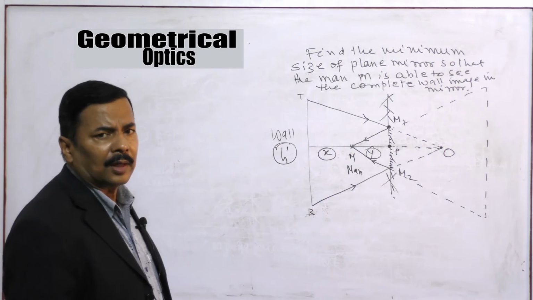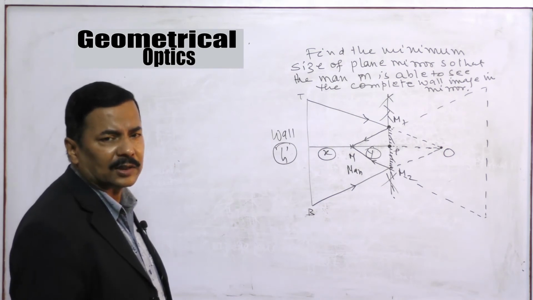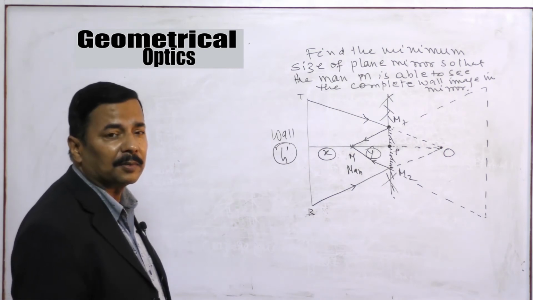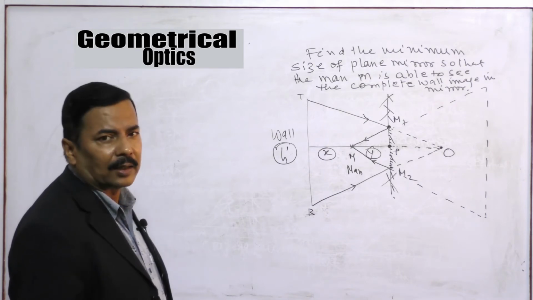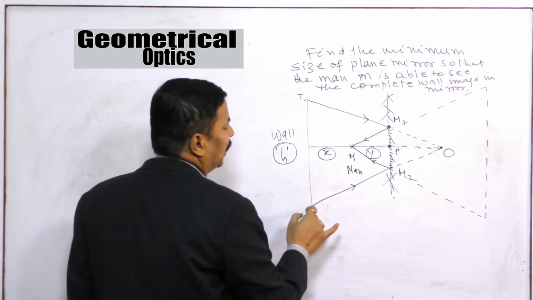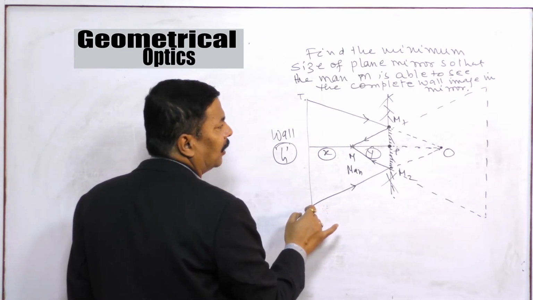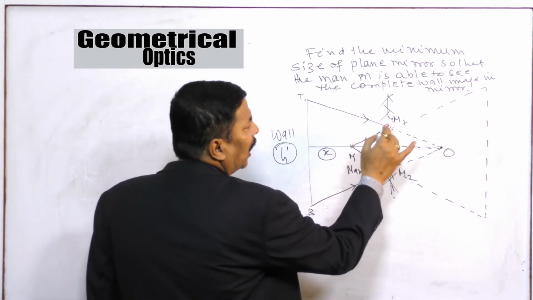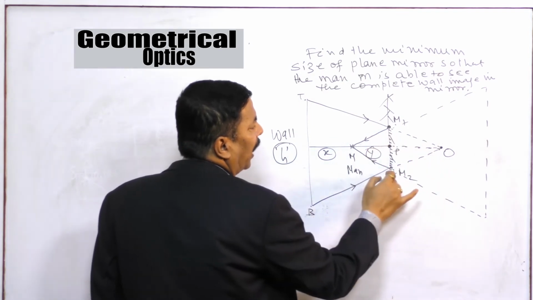Now, as I told you, we will apply the concept of geometry. What is that concept of geometry? Similar triangle concept. See, triangle TOB is similar to triangle M1 O M2.